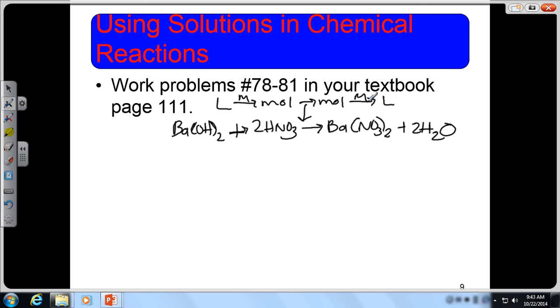I'm going to do this one in milliliters just to show you the difference. There's not really much of a difference, but you're given 45.55 milliliters, and the molarity is 0.0515.